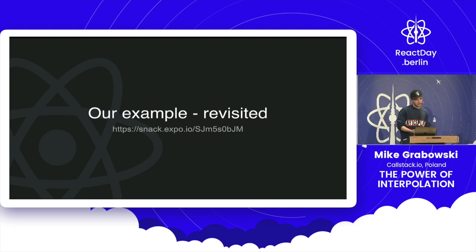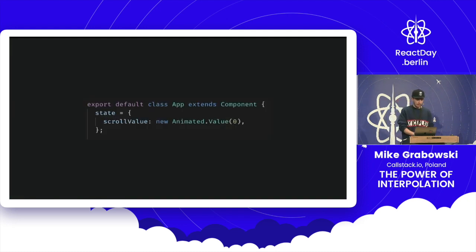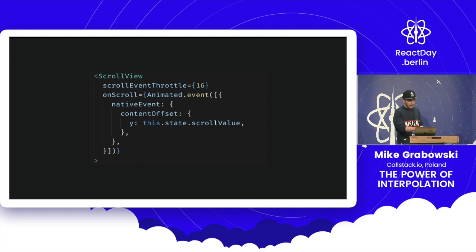So just to see the example revisited, instead of having the header height, I'm going to have this scroll value, which is an Animated.Value. It's from the Animated library. It's a placeholder for a number that can be interpolated and is holding animation values. In this case, the initial value is 0. Then instead of an onScroll handler, I'm going to use this Animated.event.